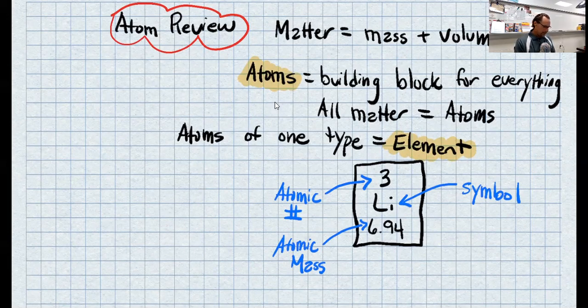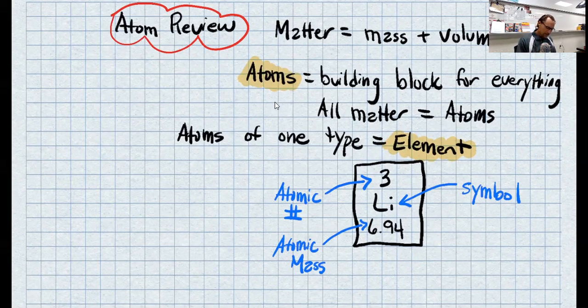And so as far as the atomic number, that atomic number is really what defines that element. Okay, so you can see that helium has an atomic number of 2. And if I change that over to a 3, if I change the atomic number, I now have a different symbol, a different element. And so that atomic number is really what defines the atom.